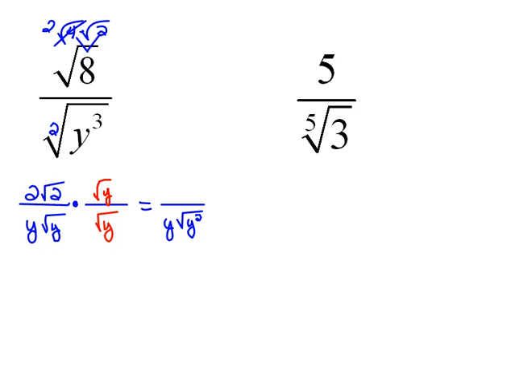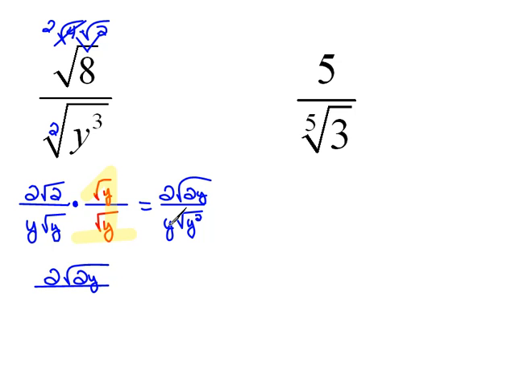And again, we can do that as long as we do top and bottom, so we're multiplying by 1. So now 2 times the square root of 2 times the square root of y would be 2 square roots of 2y. And now we can finish simplifying. On top here, there's not much we can do with that, 2 square roots of 2y.